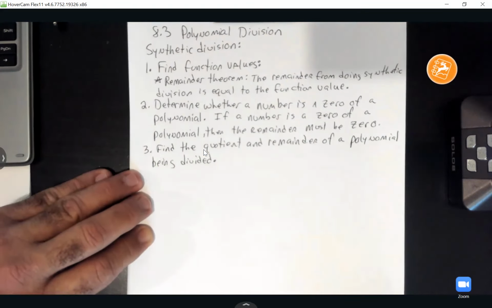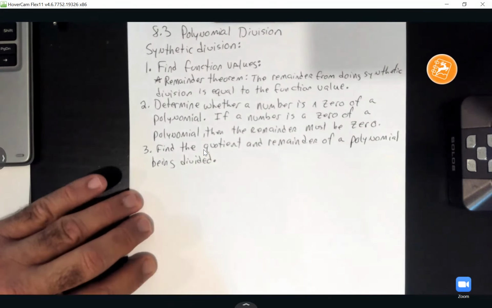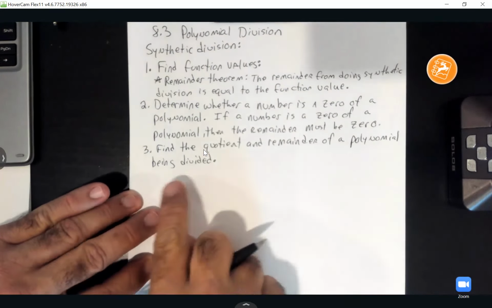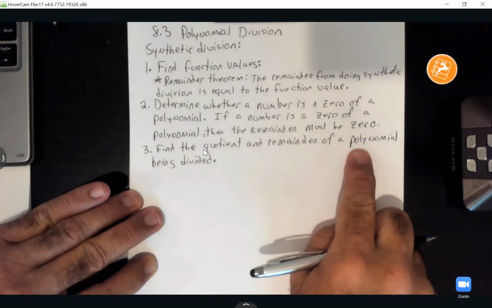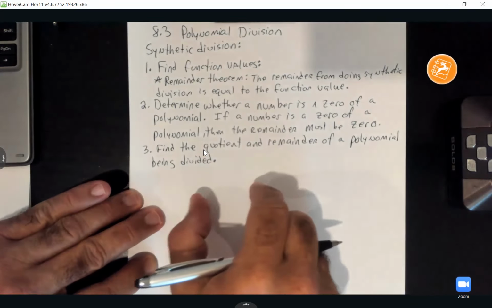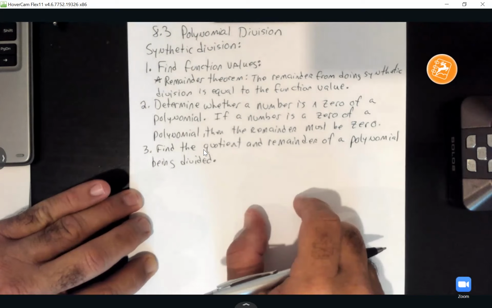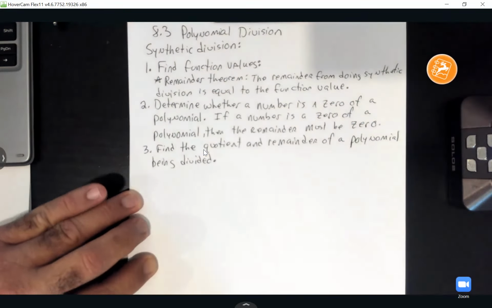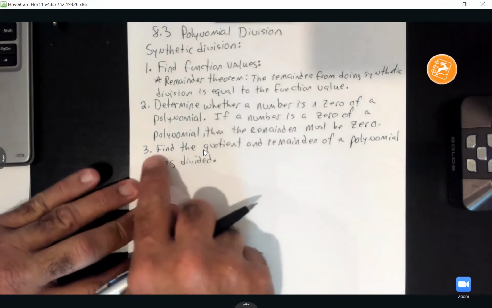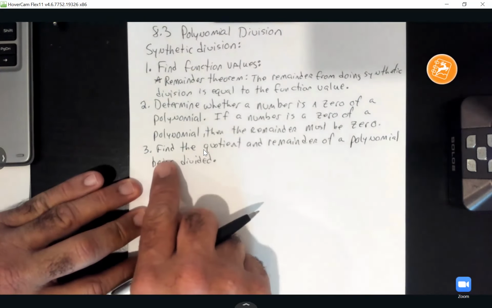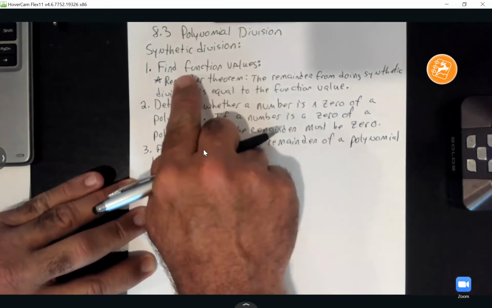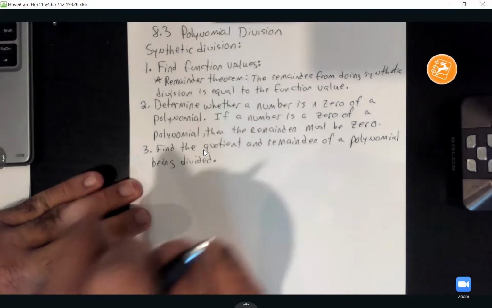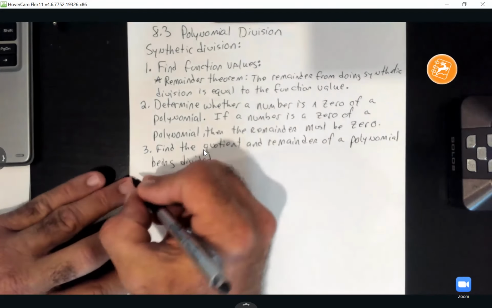Okay. So quotient or remainder. I'll show you how we figure out what the quotient is and the remainder when we do polynomial division, okay? So this one we'll do, and I'll do you 1 or 2 support examples showing you this. For college algebra, it focuses on the function values and determining whether a number is a zero.